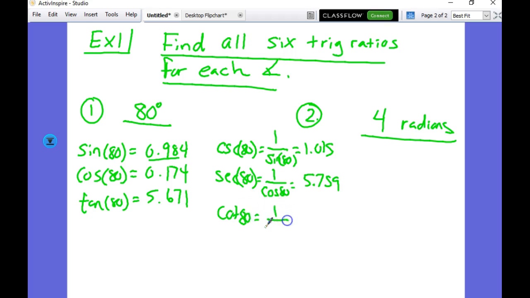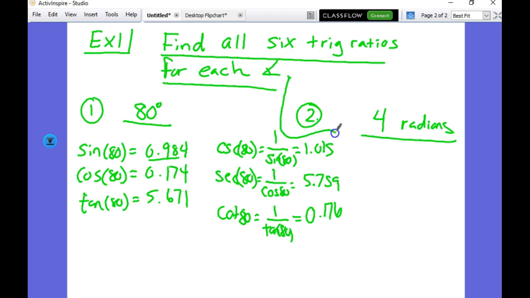Cotangent of 80 is the same thing as 1 over tangent of 80. It's the reciprocal, right? So that would be 1 over tangent of 80. So that's going to be 0.176. So that's how you can find your 6 trig ratio values on a calculator.